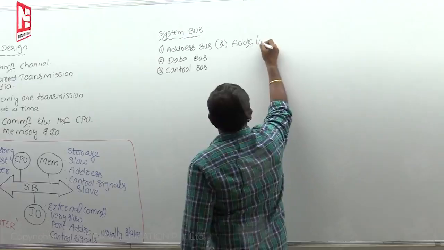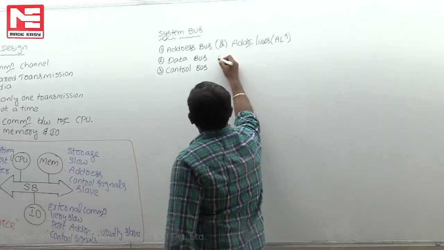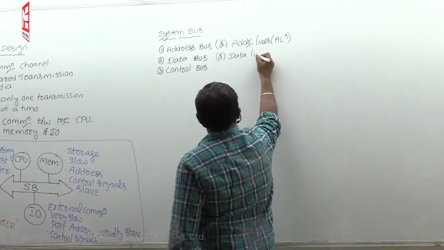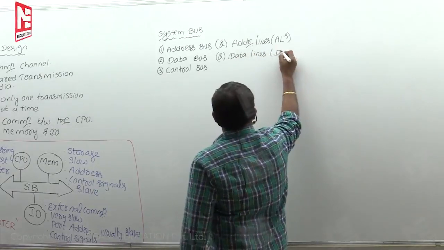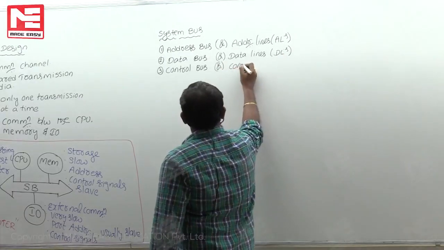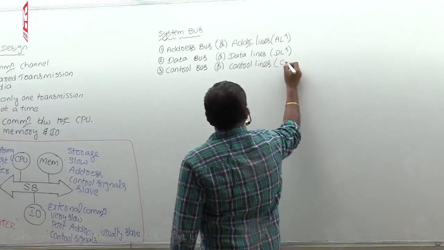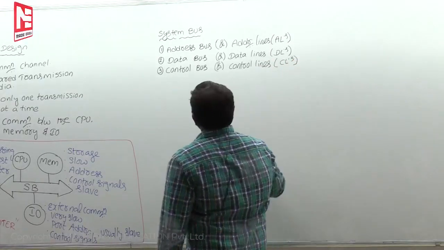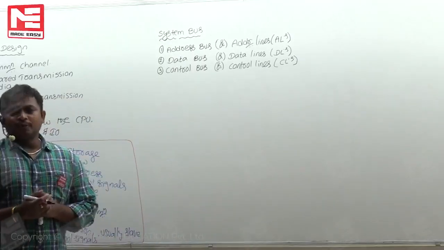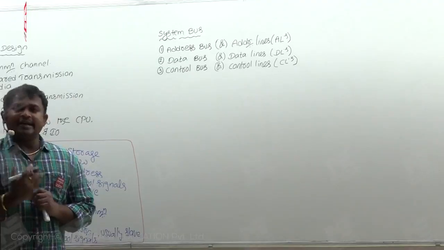Address lines denoted as ALs, data lines denoted as DLs, control lines, right, denoted as CLs. Like this, the system bus contains three categories of lines used to provide the communication between the CPU, memory and IO.